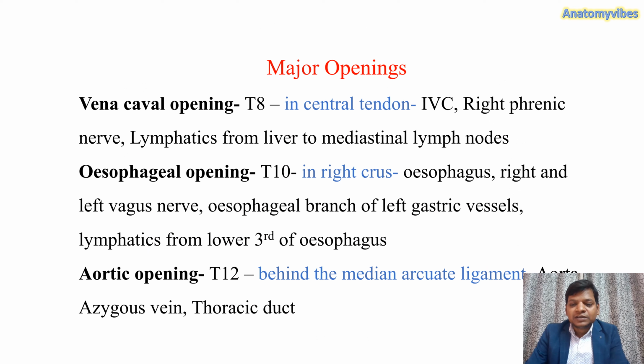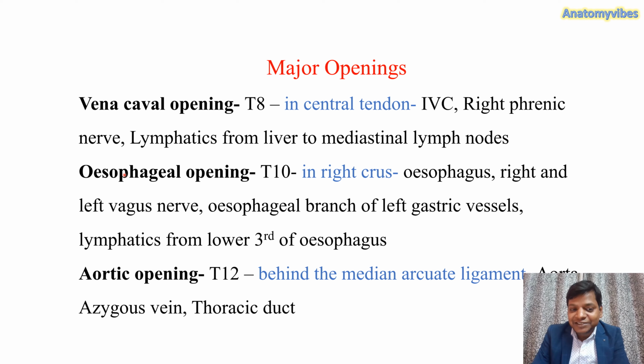Now, what we have discussed earlier, major openings of the diaphragm. Vena caval opening. Vertebral levels are very important. The vertebral level of the vena caval opening is thoracic 8 vertebra. How will you remember? Just remember vena cava, 8 letters. That's why T8.